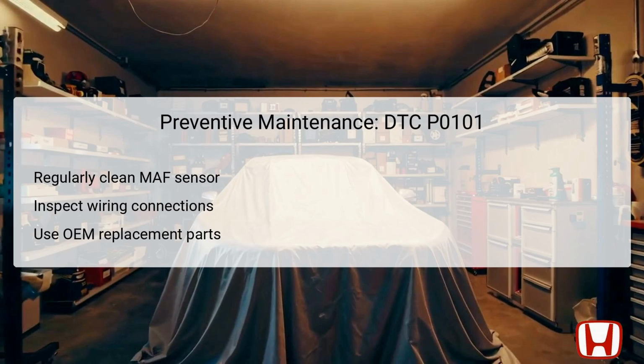When replacements are necessary, using original equipment manufacturer (OEM) parts is highly recommended to ensure compatibility and reliability. Conducting these maintenance activities will help to minimize the likelihood of DTC P0101 or similar codes appearing in the future, thereby enhancing overall vehicle dependability.